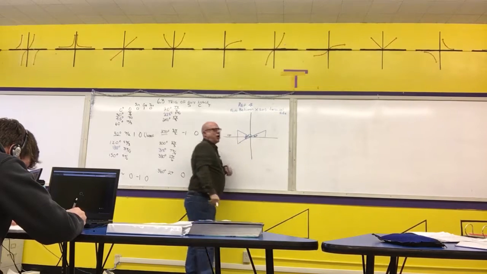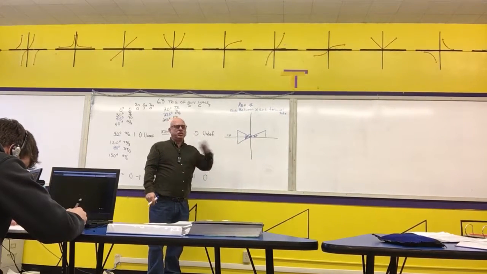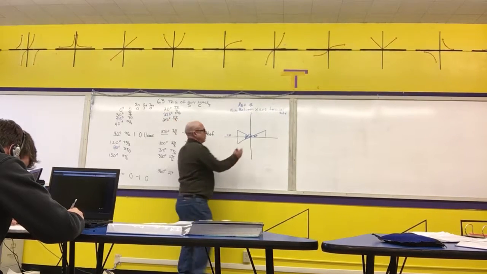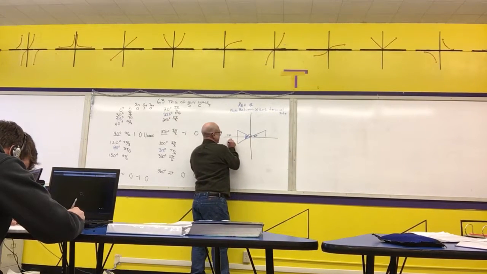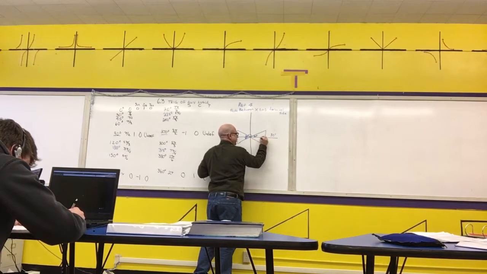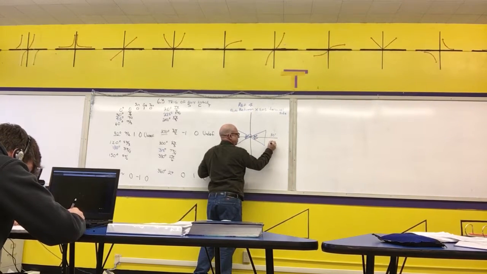Our reference angles are always positive, so they're between 0 and 90 degrees. So this is 210. This is 30. And the last one would be 330 degrees. That reference angle is also 30 degrees.